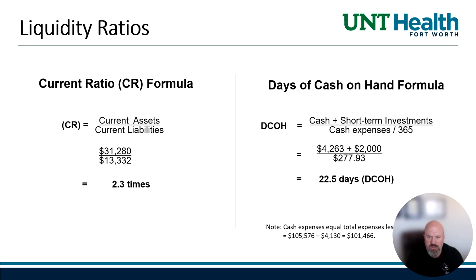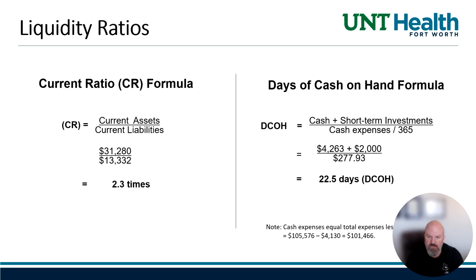Your days of cash on hand, that's simply how many days of cash availability you have on hand. In other words, if you were to stop receiving revenue, so no income, how many days could your business continue to operate without any new income? And that formula is cash plus short-term investments divided by your cash expenses divided by 365, which are days in the year, right?